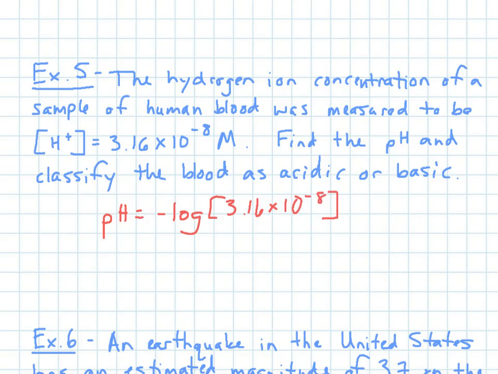Now, because our log is a common log, and we have a base of 10, this makes it pretty easy to plug in. So when I plug it in, that gets me a value of 7.5, roughly. Because it's 7.5, it's greater than 7, so that means it is a basic pH value, or level. Okay?